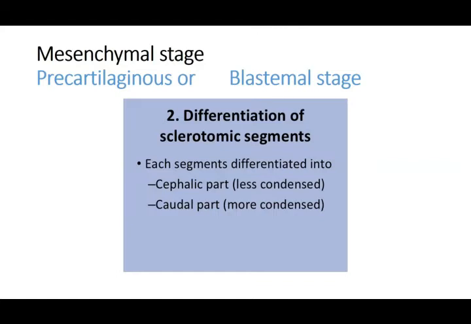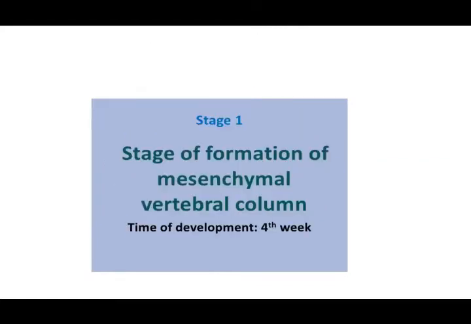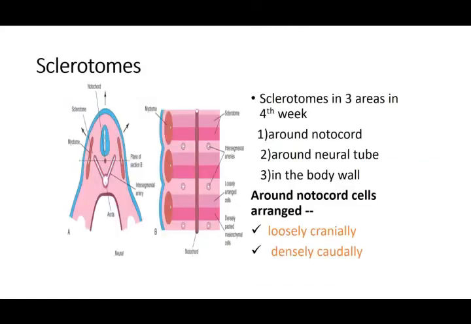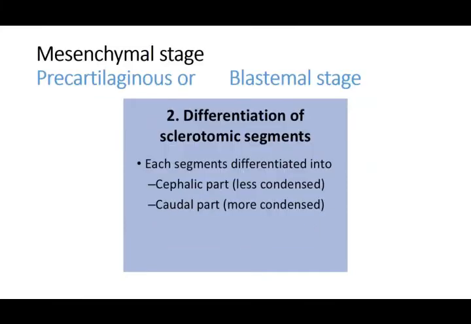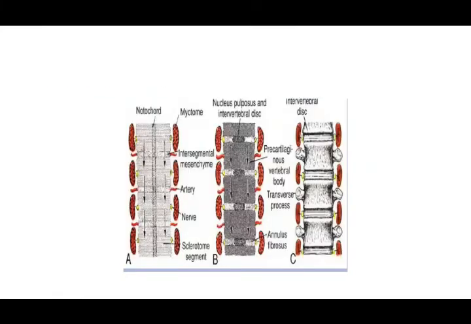I showed you this picture. This is what is going to occur, the two portions. In this picture, in the center you have the notochord, and then you have the arrangement of the sclerotome on either side, the black one, and then on either side you have the myotomes, the muscles related to it.